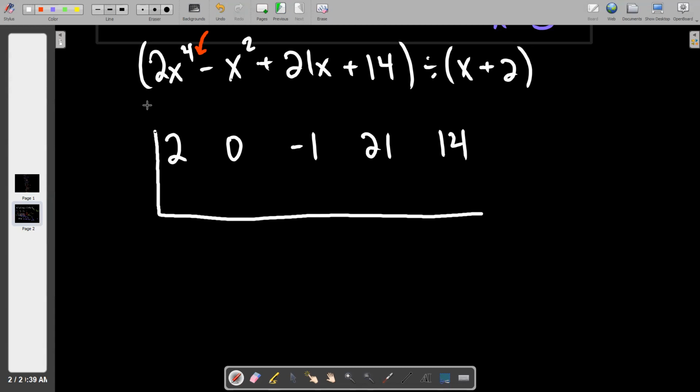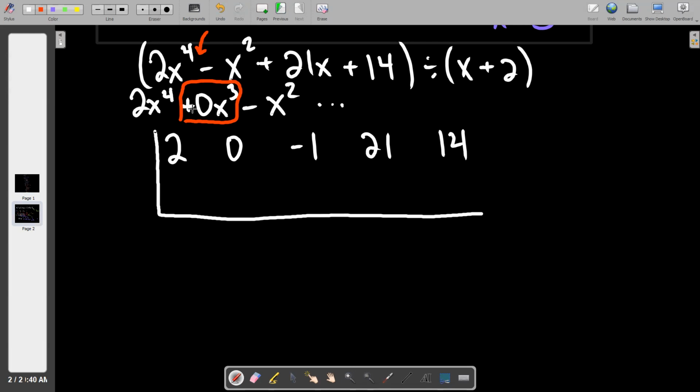Because this polynomial, if written out correctly, would be 2x to the fourth plus 0x to the third minus 1x squared, so on and so forth. Do you see how this term that I'm putting a red box around is not actually there?